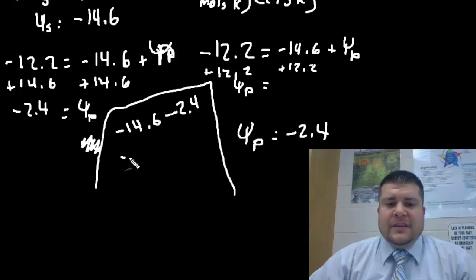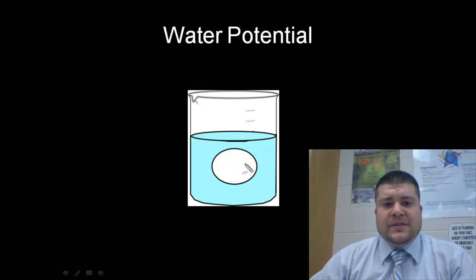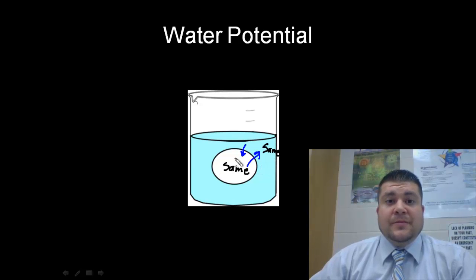And that's going to be negative 12.2. So remember, when dealing with water potential, if it's at equilibrium, water's moving in and out, and the potential for water will be the same inside and outside of the cell. You can use that to your advantage to help you with some of these problems.